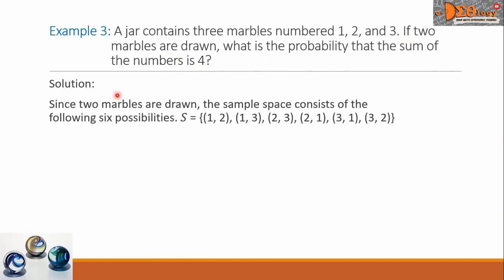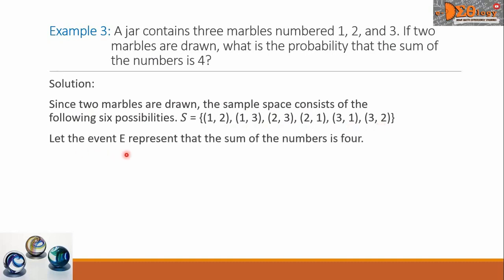For the solution, since 2 marbles are drawn, the sample space consists of the following 6 possibilities: S equals (1,2), (1,3), (2,3), (2,1), (3,1), and (3,2).